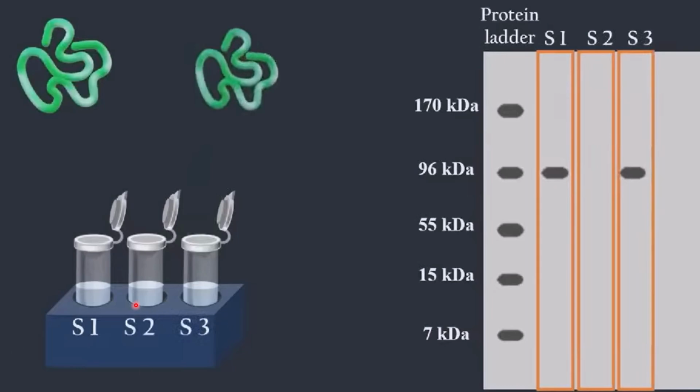Suppose तीन different proteins हैं, same proteins हैं, तो इसमें प्रोटीन अवेलेबल है. हमने देखा कि ओके एक बैंड आया, वो 96 पे एक बैंड था. S2 में कोई बैंड नहीं आया, मतलब यहाँ पे ये प्रोटीन नहीं है, it is absent and it is very less. S3 में बैंड है, ओके, मतलब S1 and S3 are expressing this protein which is at 96 kilodalton. It is confirming that sample S1 is having this particular protein, and S3 is having this particular protein with the molecular weight 96 kilodalton.